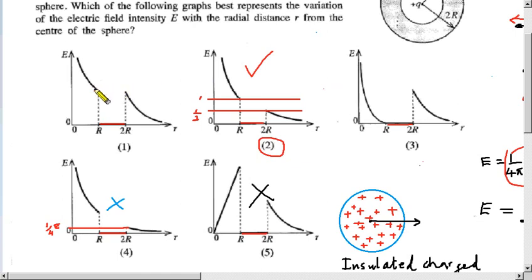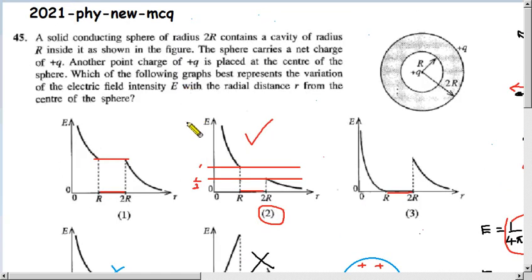So I explained why this one is wrong. Even though this charge appeared to be a strong one, because we see this positive q, and here also positive q. If we see a positive q like this, we imagine that very close to that, the field intensity is very strong.